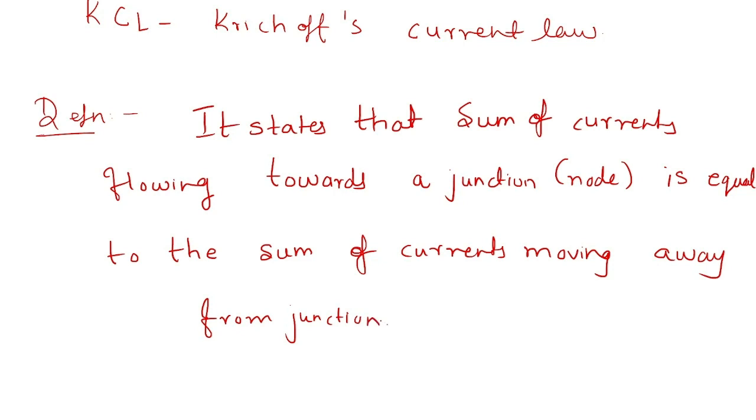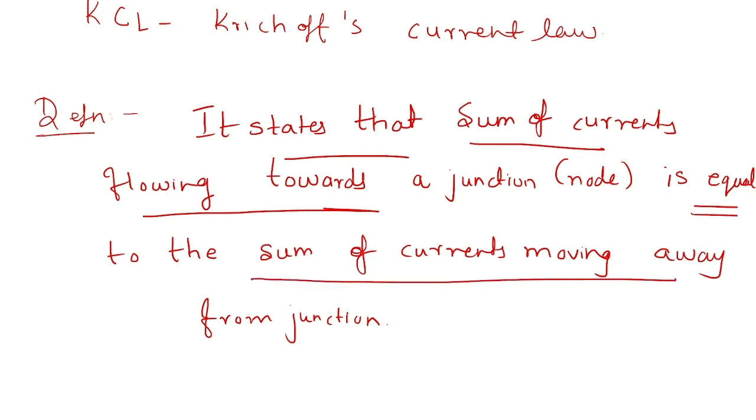So the basic concept, try to understand theoretically, we'll see a question on it over here. So what does it state? It states that the sum of current flowing towards a junction is going to be equal to the sum of current moving away from the junction.